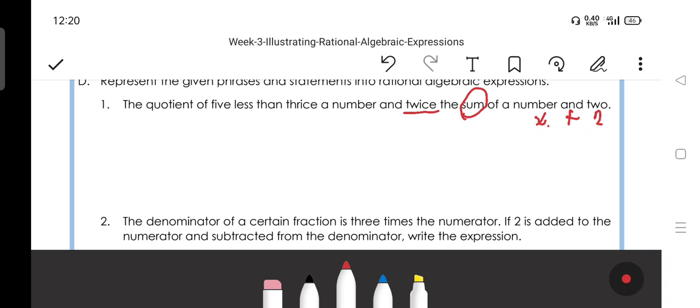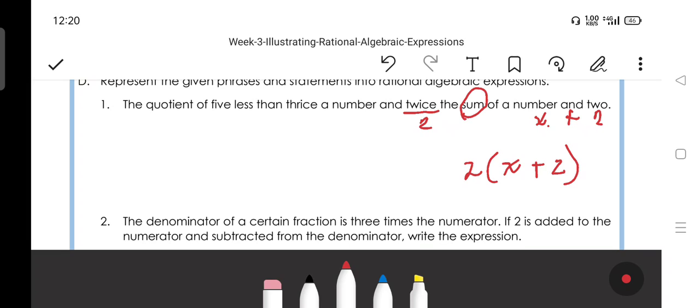Why do we say twice? That means 2. So twice the sum of x plus 2 means we have 2 times the quantity x plus 2.